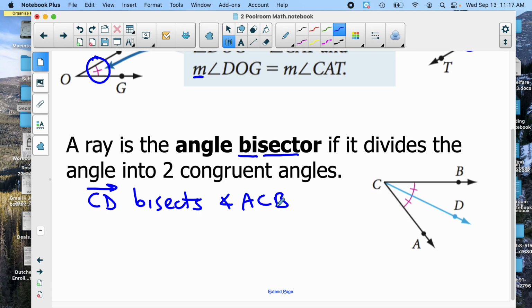And as a result of that, we can say that angle ACD is congruent to angle BCD. That's what an angle bisector does. It takes one angle and makes two congruent angles. It's kind of like a midpoint. A midpoint took one segment and divided it into two congruent segments. So midpoints and angle bisectors do similar things.